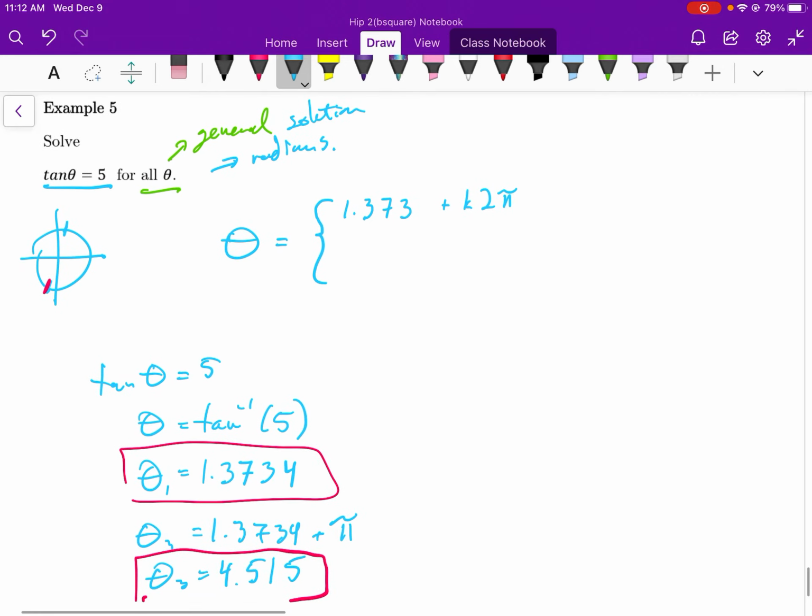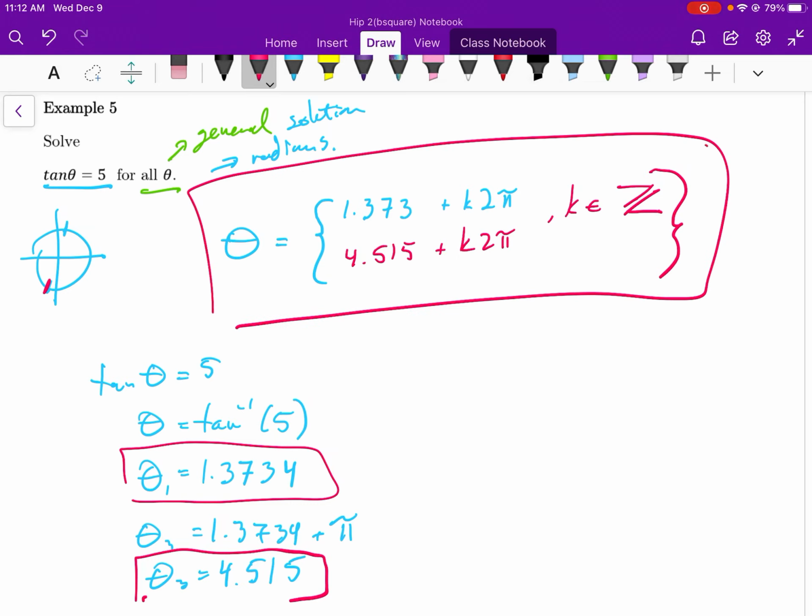Now, what is my theta 3, or my red solution? It's going to be 4.515 plus k 2 pi. Now, k is an element of the integers. You think I'm done. This is 100% correct.